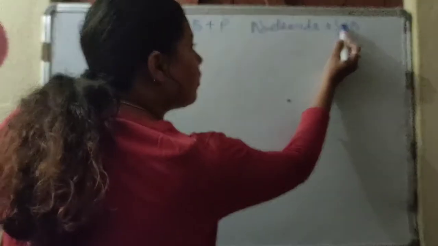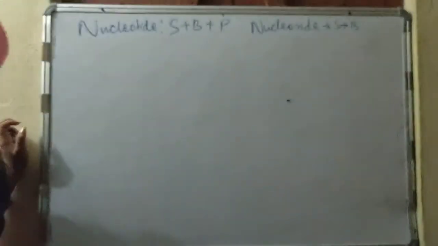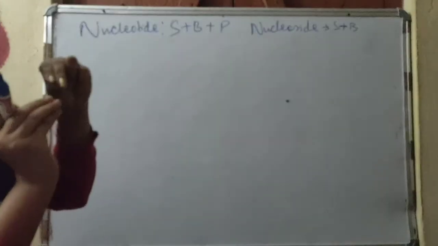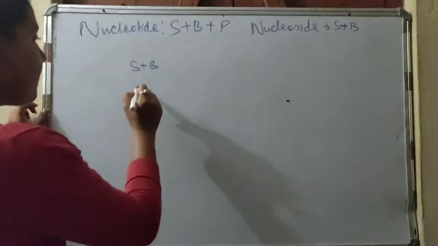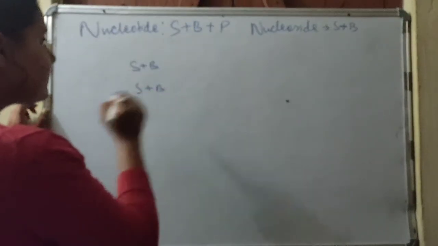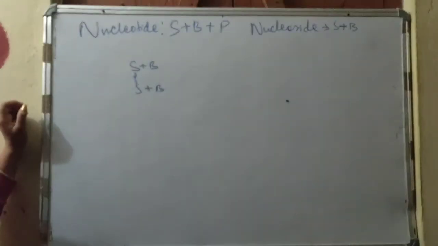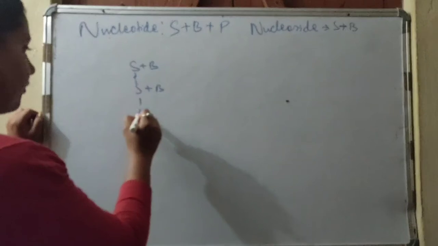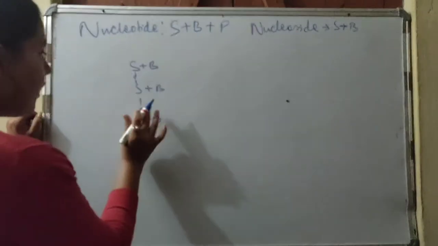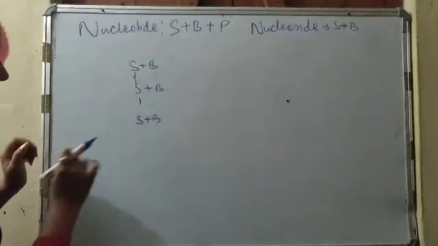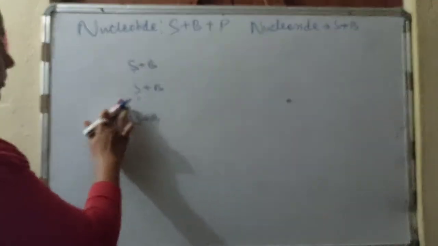So sugar plus base will be attached by a phosphate. Another phosphate, sugar plus base. Now, sorry, let me draw it more properly.